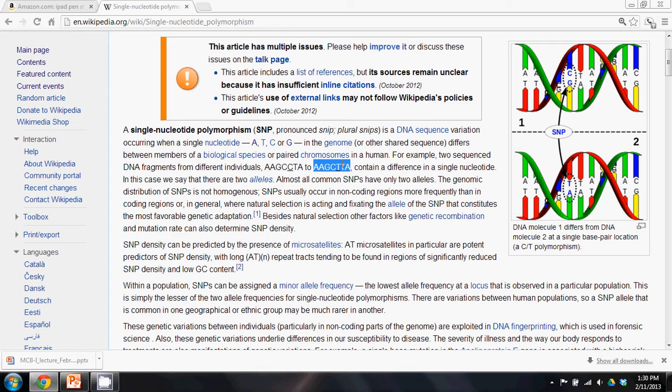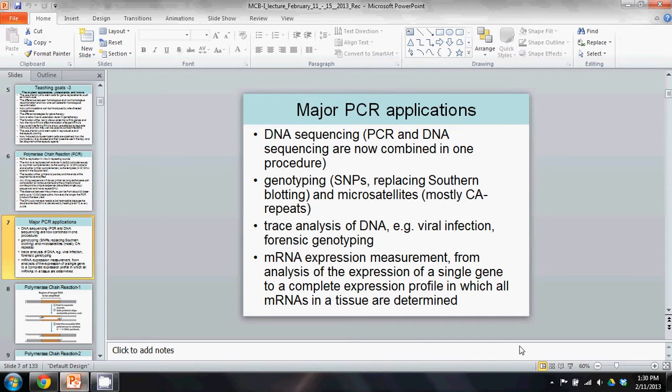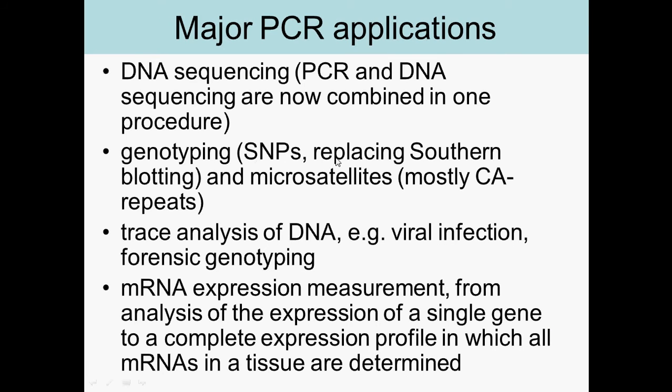So the C is replaced by a T, so it's a single nucleotide change. That's SNPs, and then replacement of Southern blotting and microsatellites, which are mostly CA repeats. And we'll talk about those more with the pictures.